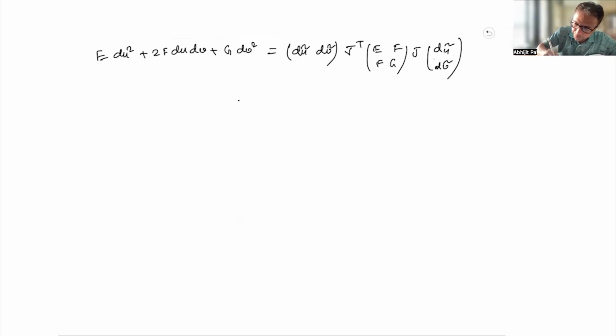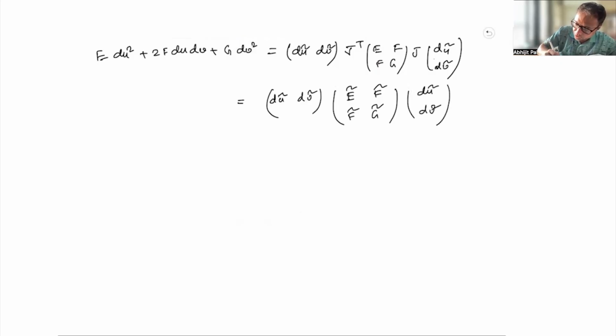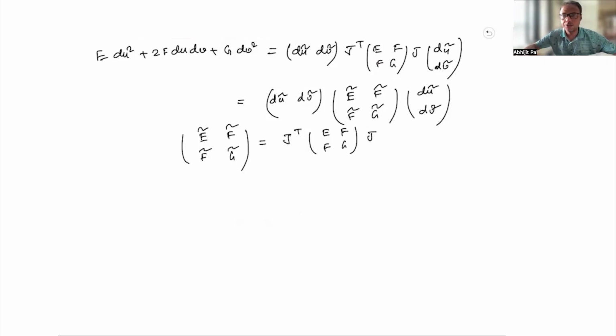And this will be equal to du tilde, dv tilde, E tilde F tilde F tilde G tilde, du tilde, dv tilde. Therefore, this matrix E tilde F tilde F tilde G tilde will be equal to J transpose E F F G J. So these coefficients are related by this equation. Okay, all right.